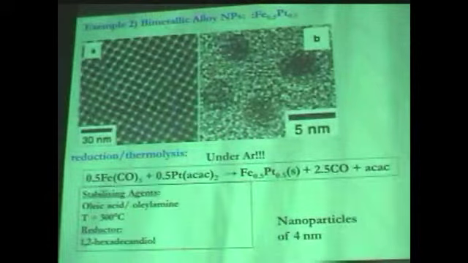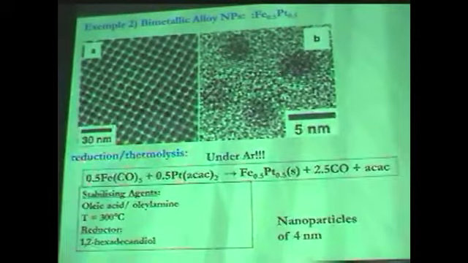Another example is bimetallic alloy nanoparticles such as iron platinum, which can be obtained by thermolysis of two precursors.